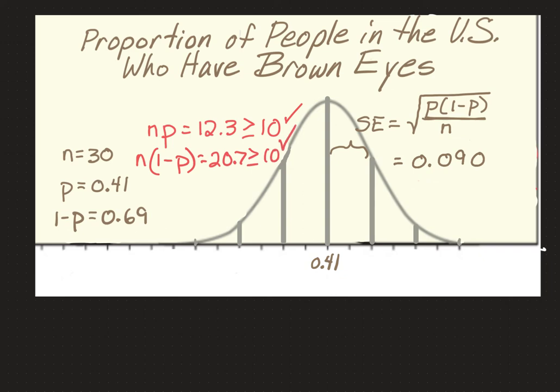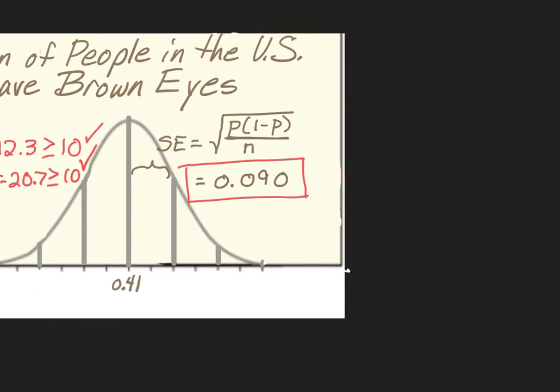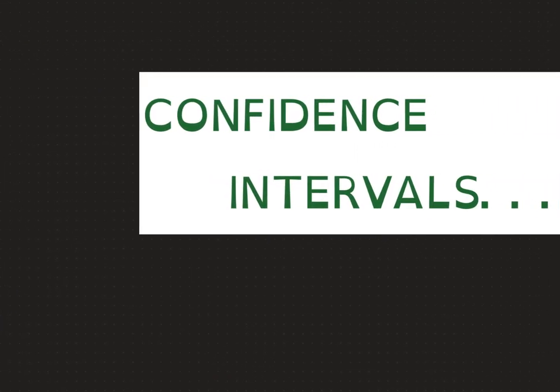So we can accept that our standard error for this sampling distribution is 0.09. And now that we understand where a standard error comes from when we are dealing with the population proportion, and we know how to calculate it, we can move on to calculating confidence intervals, which is what the next video will cover.